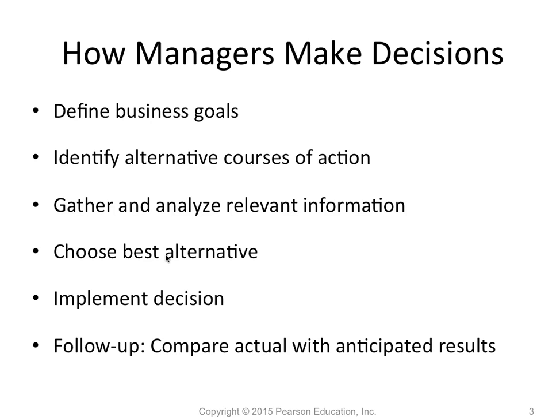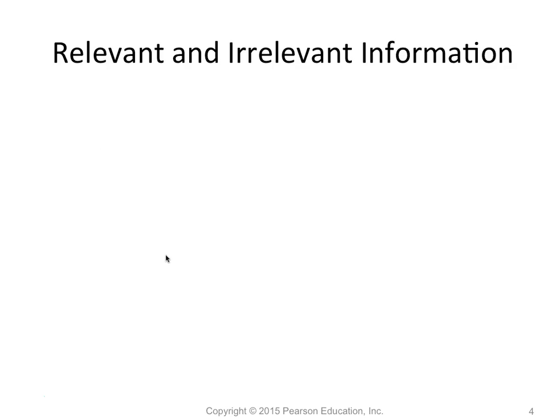Every decision should be based on the analysis of available data and all the information we have. We choose the best alternative, and then we implement the decision and do the follow-up. So this is the path of how decisions are made by managers.